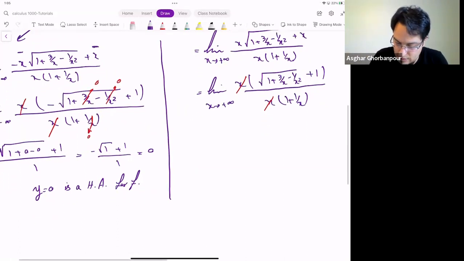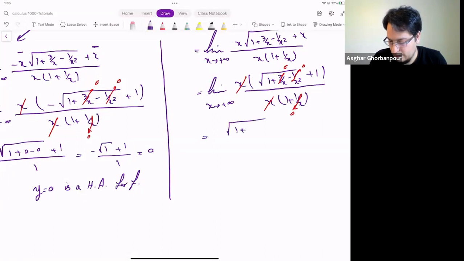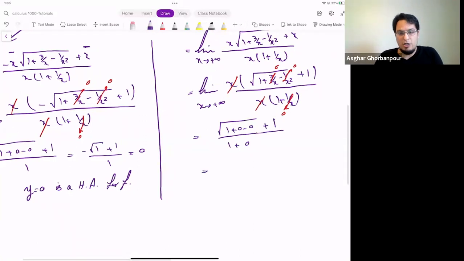And then, so this goes to 0, this goes to 0, this goes to 0, and the limit is root 1 plus 0 minus 0 over 1 plus 0. Oh, there was a 1 plus 1 in the numerator as well. So this is root 1 plus 1 over 1, which is just 2.